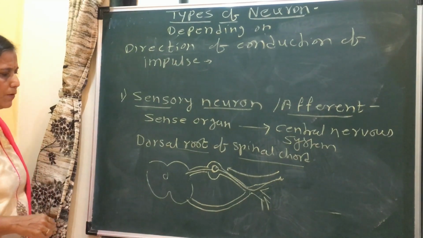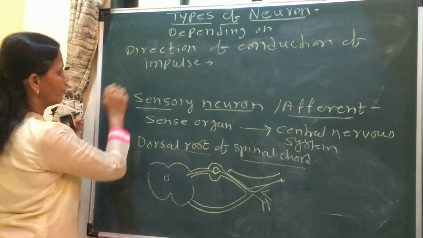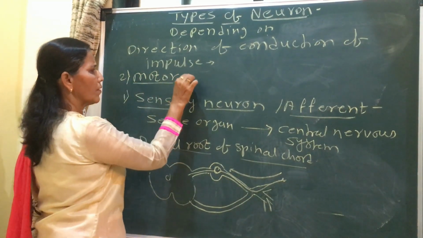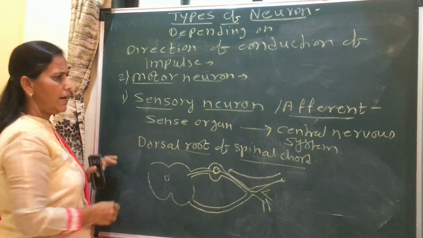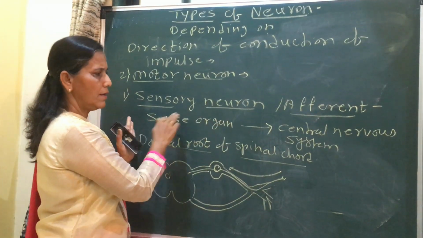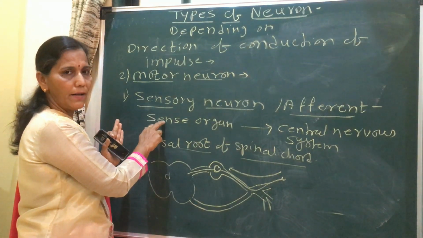Then the second type of neuron is the motor neuron. Its direction of conduction of impulse is opposite. Means it carries impulse from the central nervous system to the effector, not the sense organ.